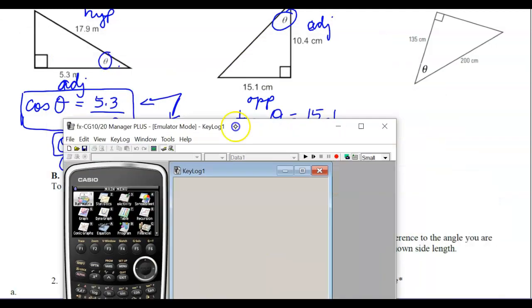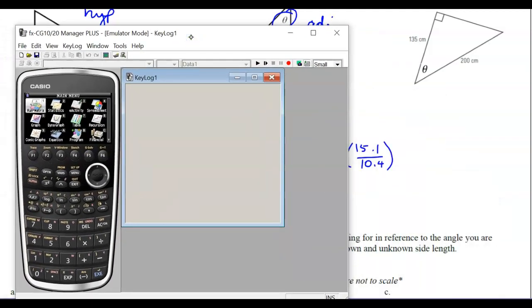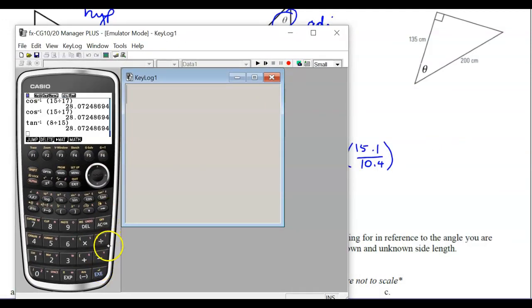Okay, so it's not a touch screen. So shift key, tan key. Remember, I need brackets. It doesn't automatically open on my version of the Casio. 15.1 divided by 10.4. Close the brackets, enter, and to the nearest degree is 55.